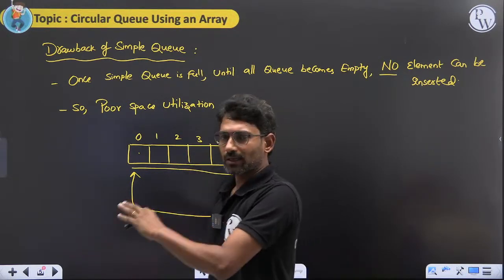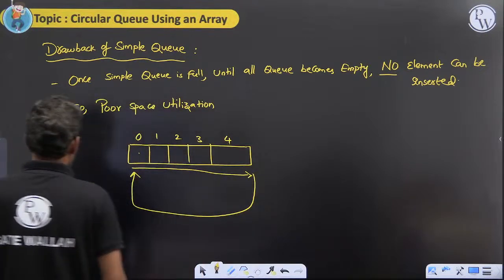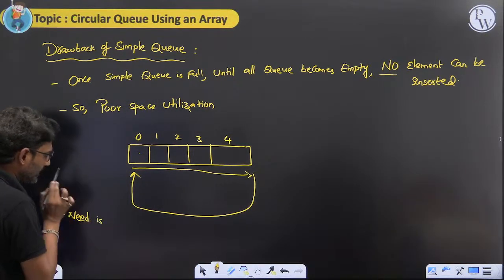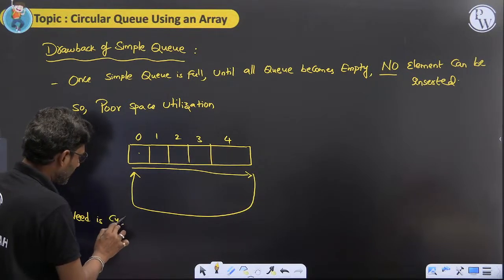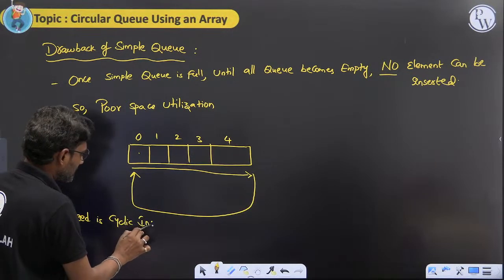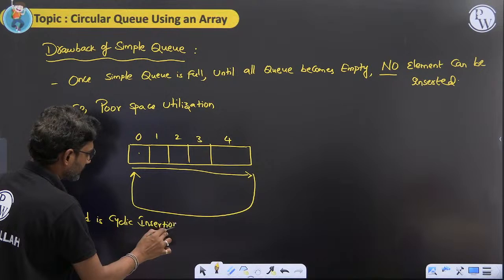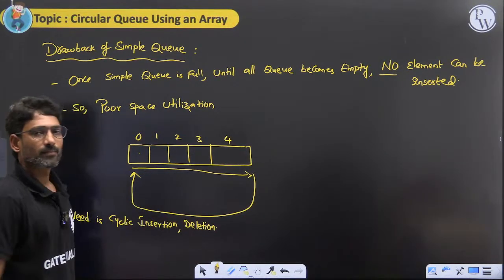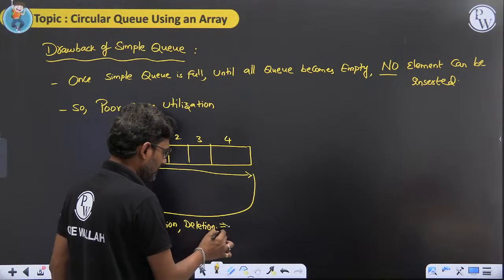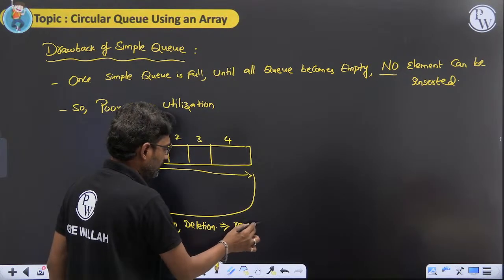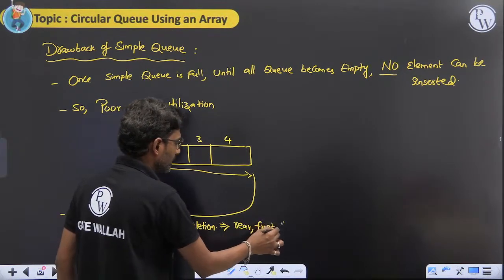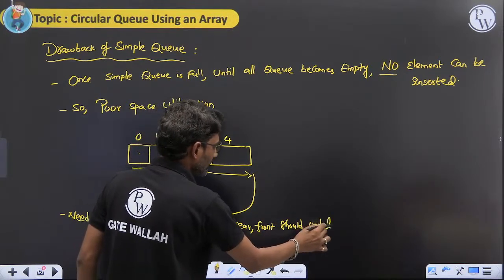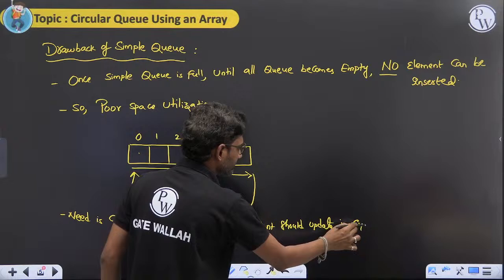Hence, what we have to understand is that the need is cyclic insertion, cyclic deletion. That means rear and front should update in a cyclic manner.